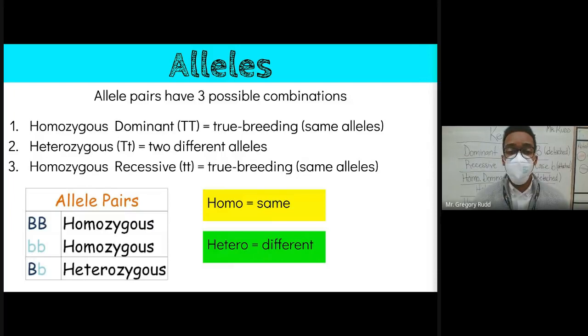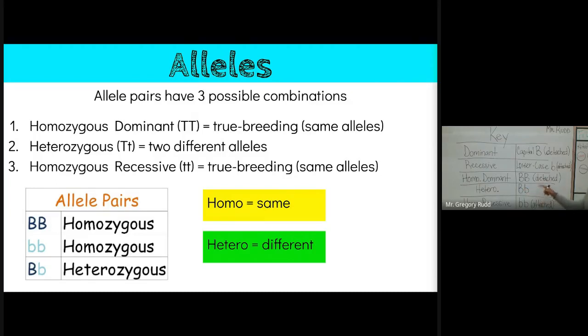That means that if I've got one of each, which one gets priority? Yes, the dominant trait is going to get the priority. So in this case, I've got one of each, but I don't even really care about the recessive because there's a dominant allele present.